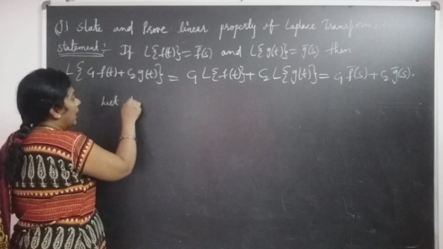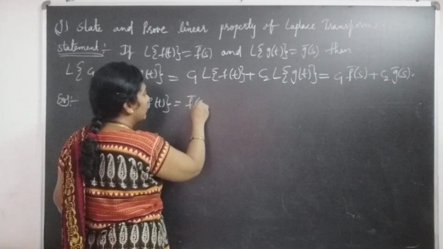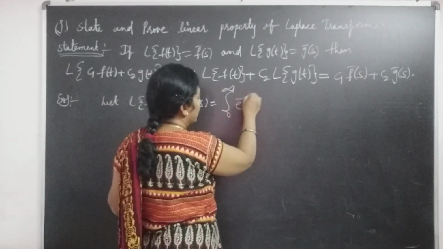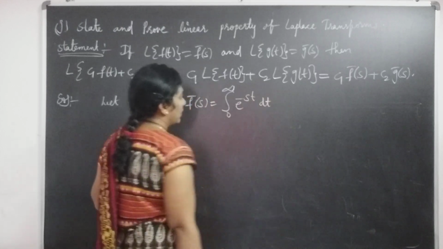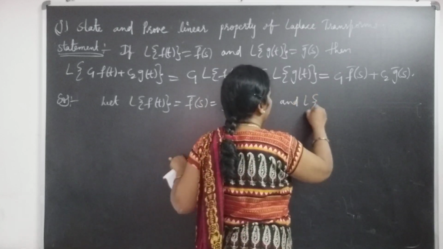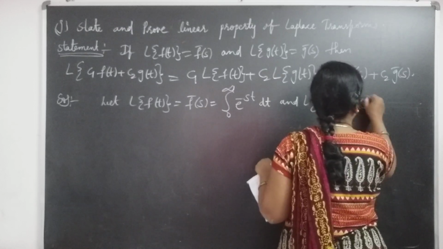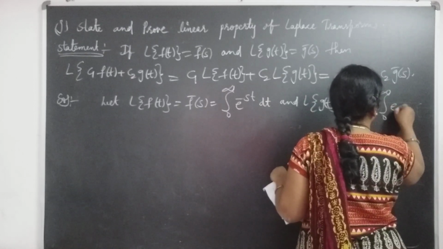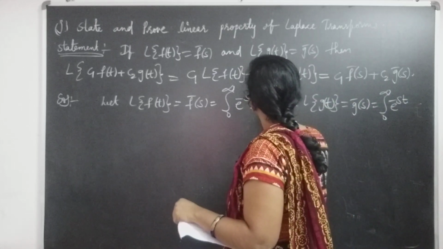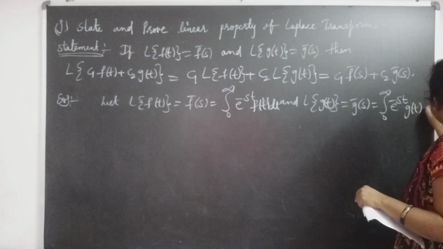Let L of f of t equal f bar of s, equal to integral 0 to infinity e power minus st f of t dt. And also L of g of t equal to g bar of s, equal to integral 0 to infinity e power minus st g of t dt.